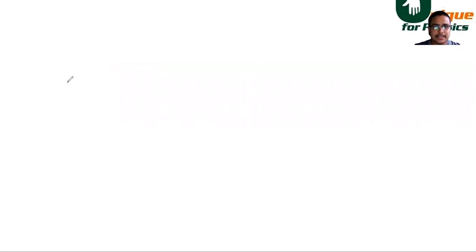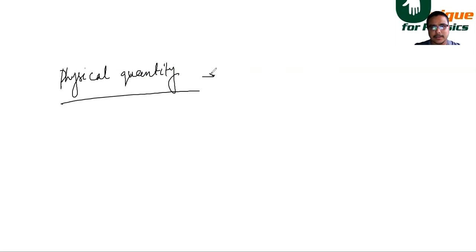Okay, so basically, when I start with physical quantity, I need to tell you what we mean by physical quantity. Physical quantities are those quantities which can be observed or can be measured.